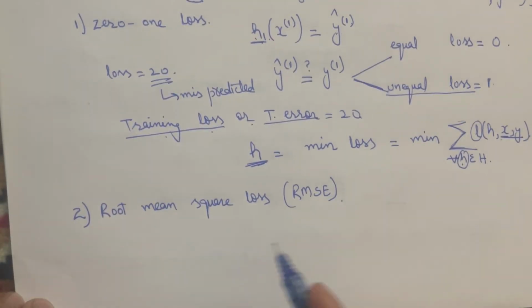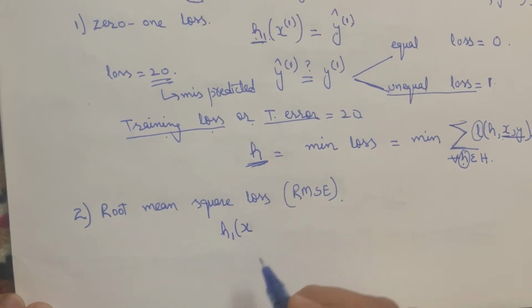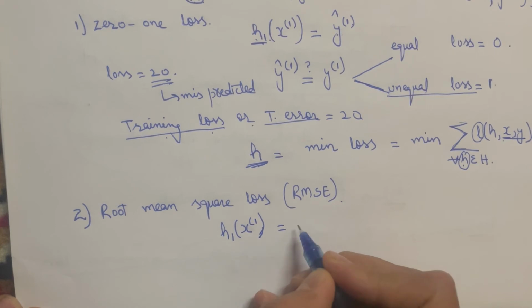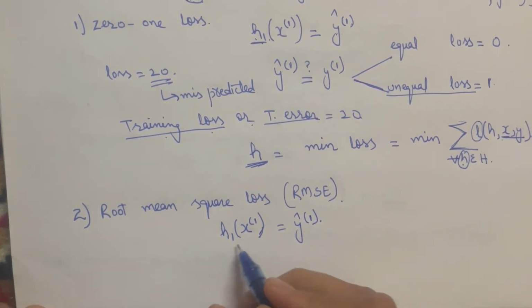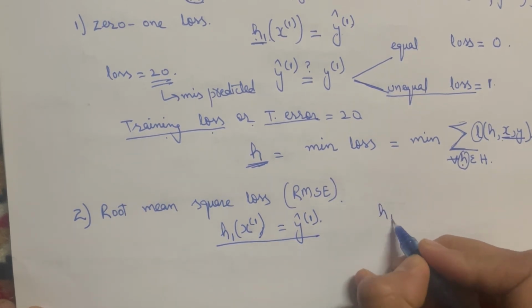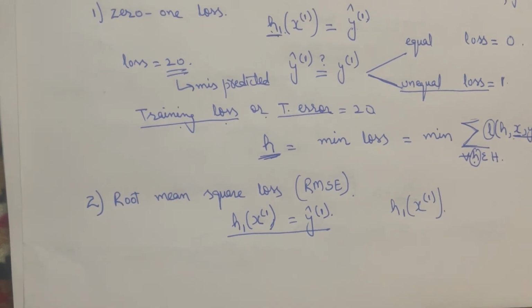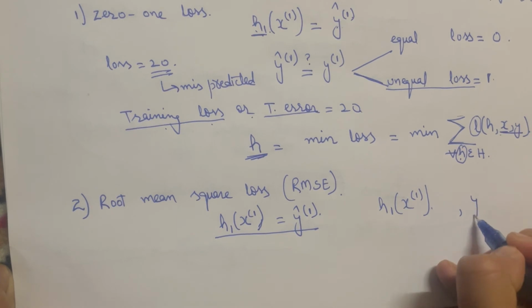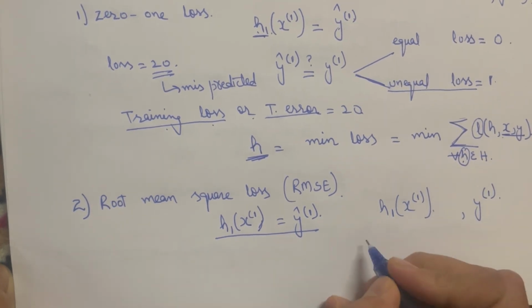We have a hypothesis function, we will give input x1, and we will get the predicted output. So this is our prediction, or we can say h1(x1) is our prediction. But what was the actual value? The actual value was y1. We will calculate this.